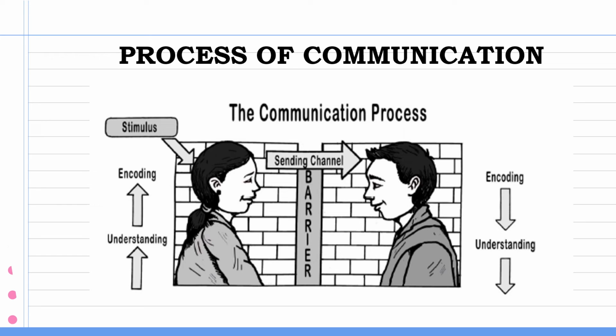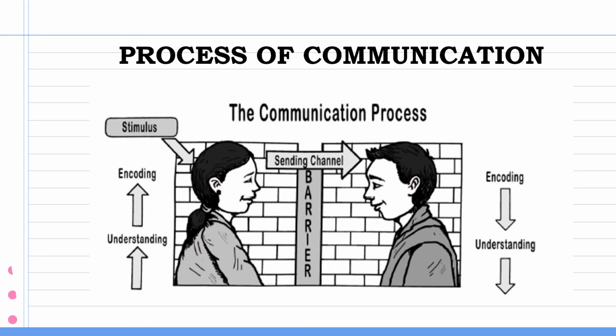As seen in the illustration, communication begins when the speaker or source of communication responds to a stimulus and decides to encode or transmit it in the form of a message or a code through a particular channel or means of communication.